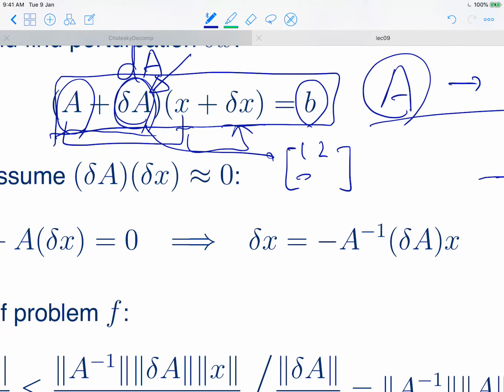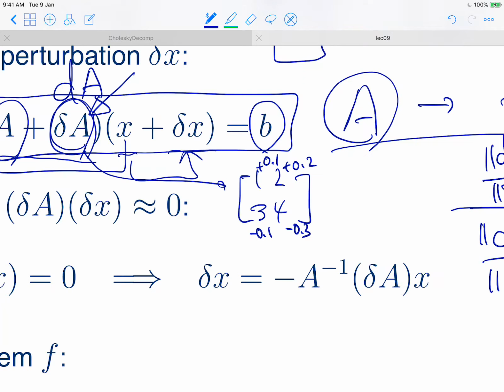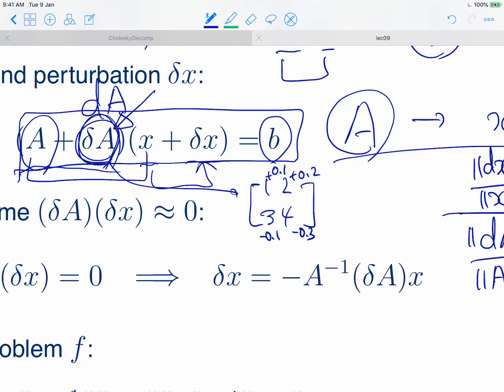If A is 1, 2, 3, 4, we can consider a small perturbation that we add to this matrix, for example 0.2, negative 0.1, and negative 0.3. This can be viewed as delta A, which represents the perturbation of the original matrix A, and then the resulting perturbation that is generated for x.